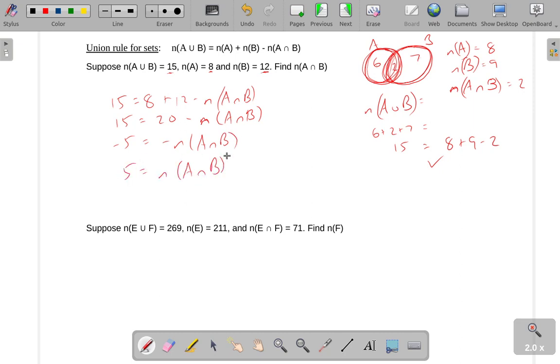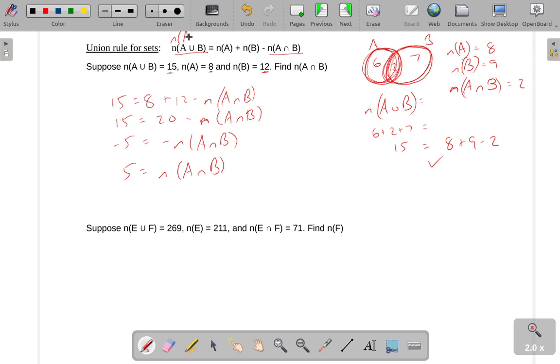I said that this is kind of a long way of going about it because let's think about the union rule. The way that it's stated up here, this gives us the size of the union, and we're using the size of the intersection. If we solve this in its generic form, we could actually state the union rule in a second way.